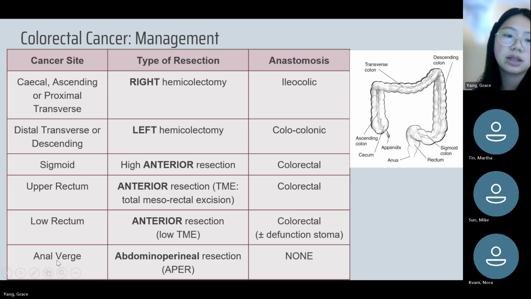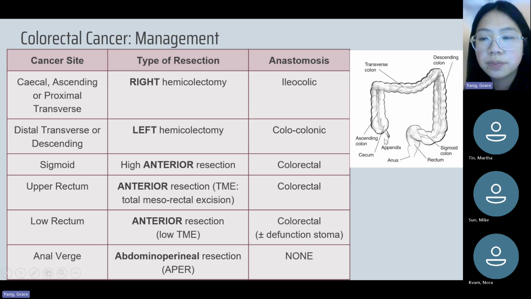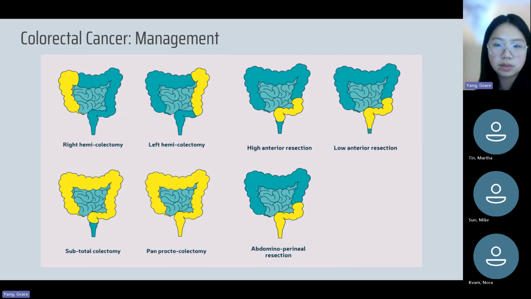And if it's a cancer in the anal verge, you do what we call an abdominoperineal resection, where they get rid of everything including the anus. The next slide is basically that, explaining with diagrams. So hemicolectomy, get rid of that. The yellow is basically what they resect.